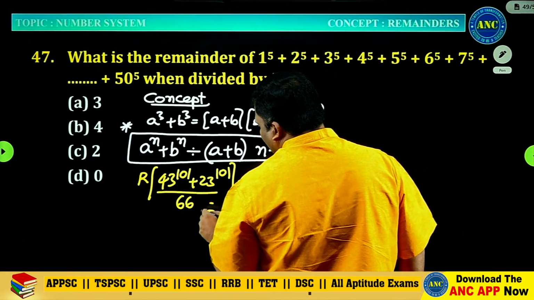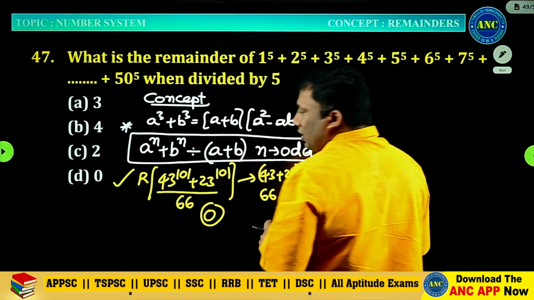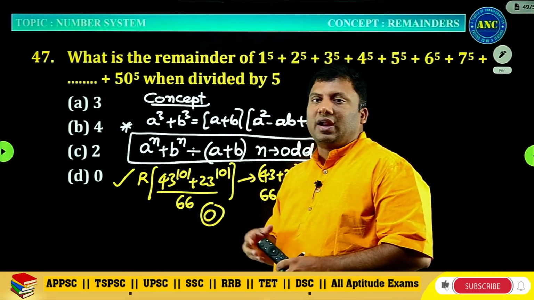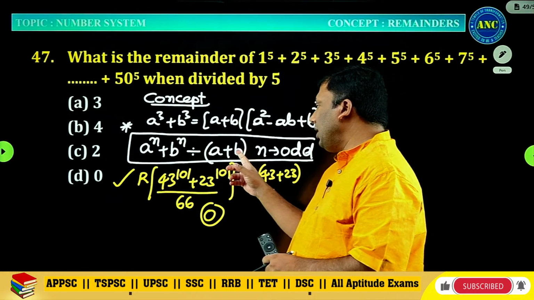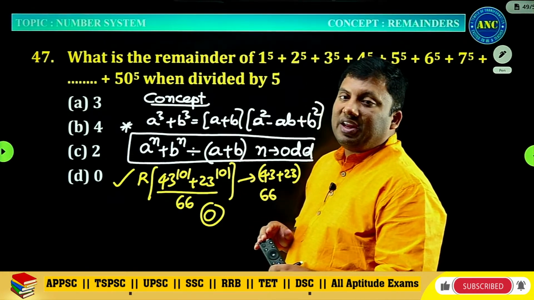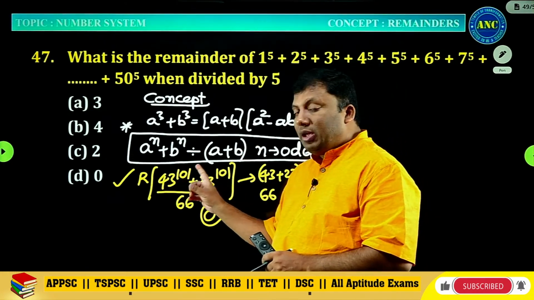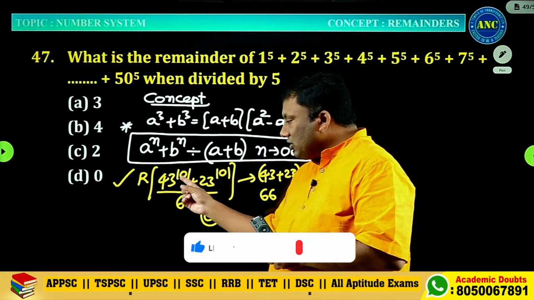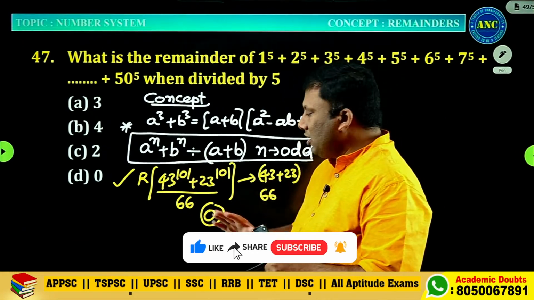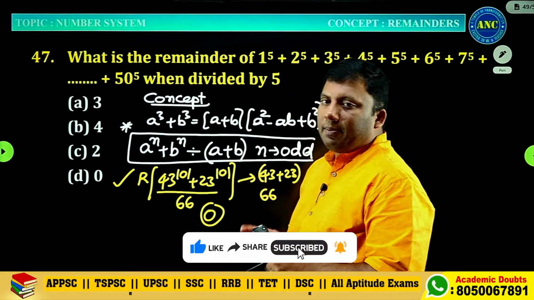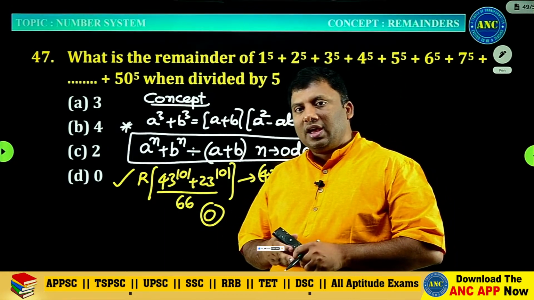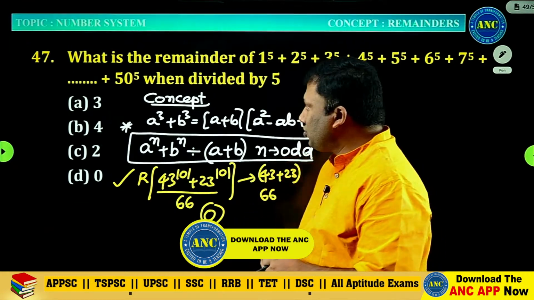So the answer for this question is 0. Since 101 is an odd number, it is divisible by a plus b. I hope the idea is very much clear.